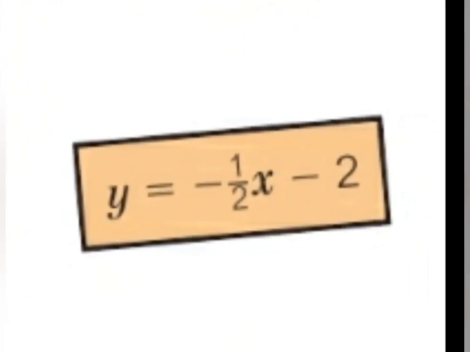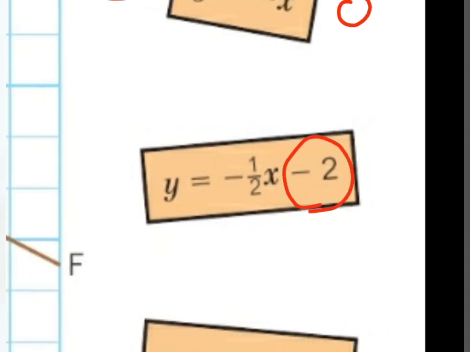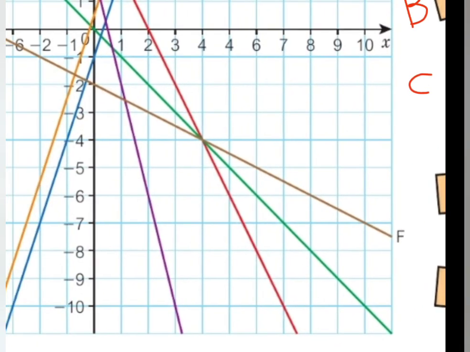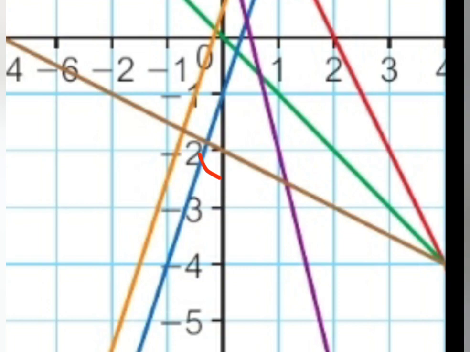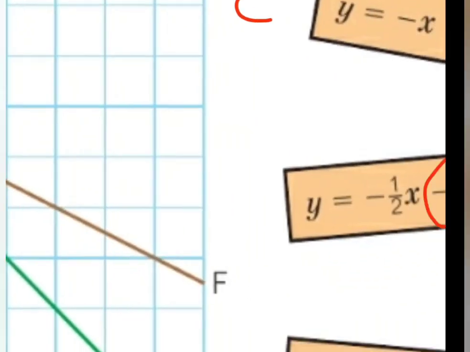Next equation, the y-intercept is what? Very good. It's negative 2. Now, I will look for -2 on the y-axis, which is here, and it's crossed by the brown line. And the brown line is what? Very good, it's F. So I will write F here.